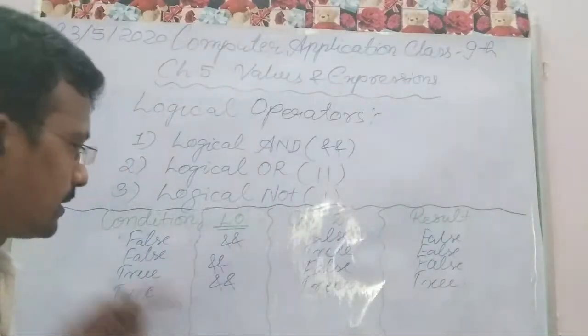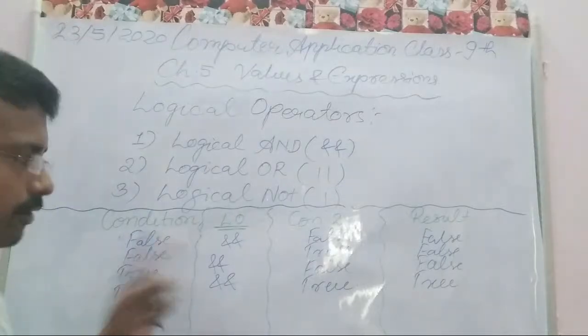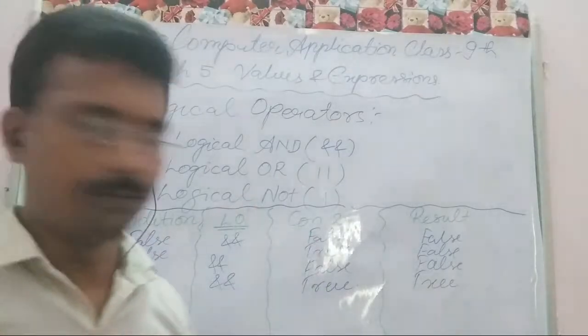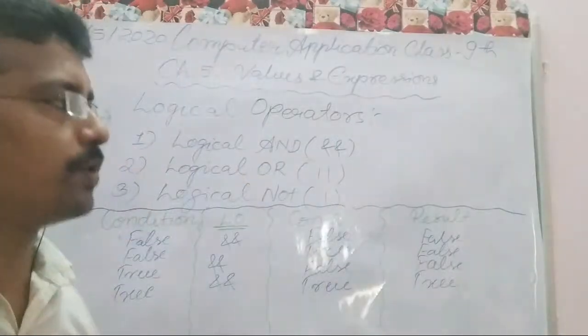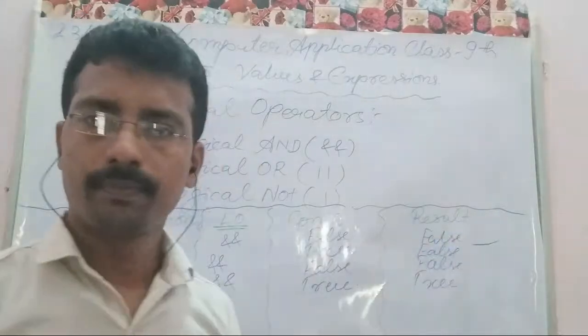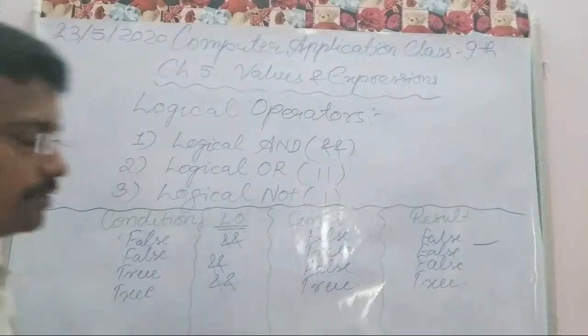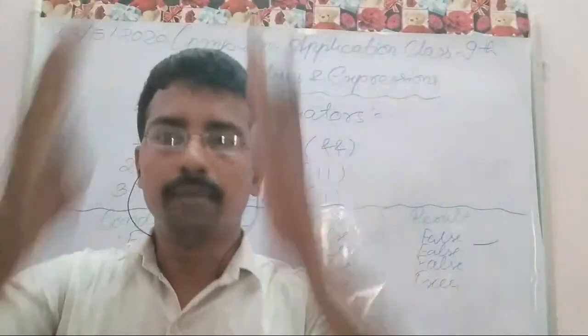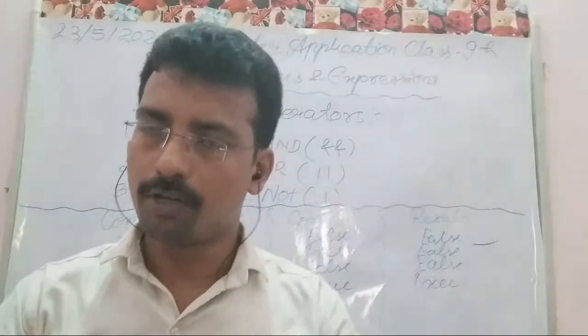Same way you will understand, suppose we have written a condition using a relational operator and it is producing false. The second is also false. So the result produced by the AND operator is going to be false. The AND operator only produces the true result when you are joining multiple conditions and all conditions are true.